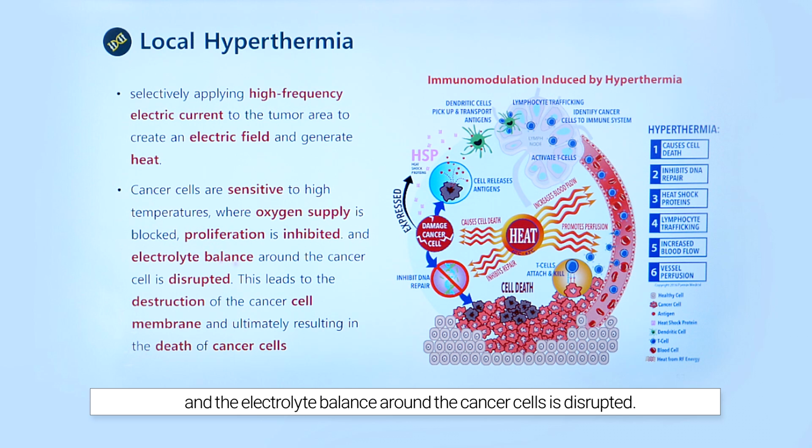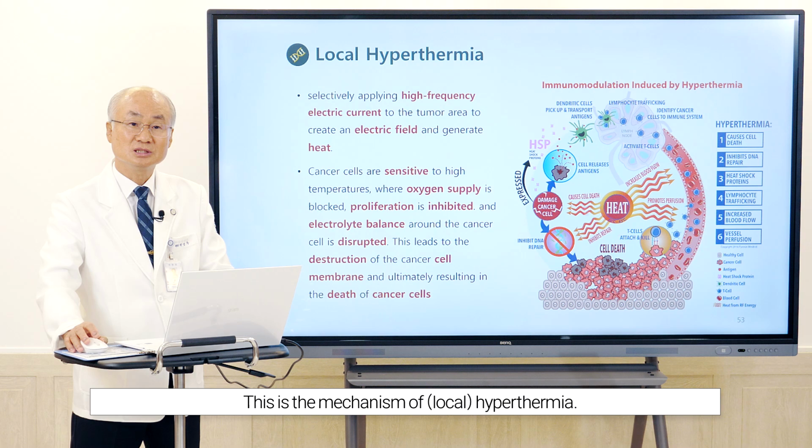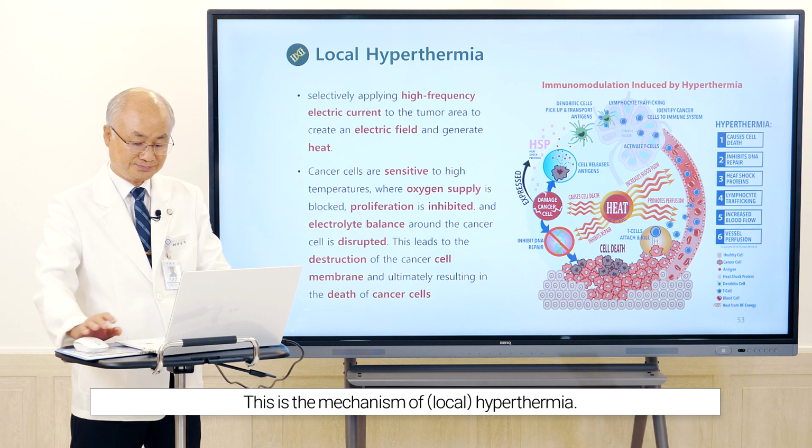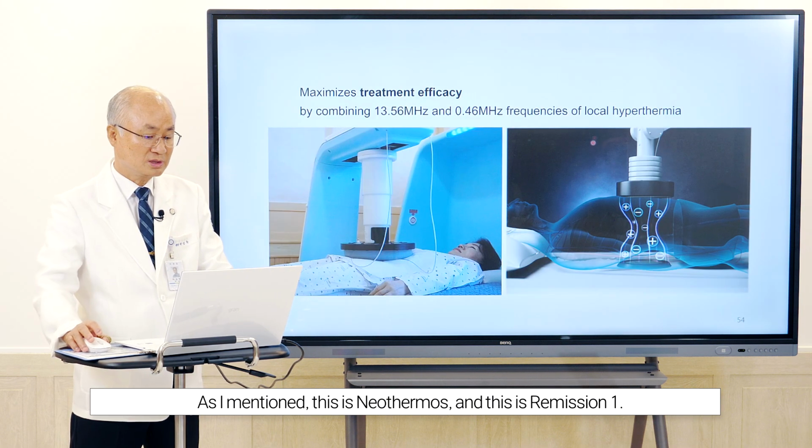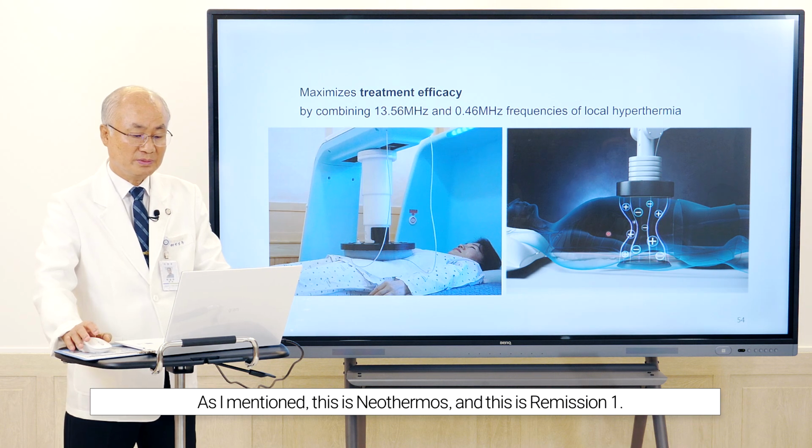Also, the electrolyte balance around the cancer cell will be disrupted. This leads to the destruction of the cancer cell membrane and ultimately results in the death of cancer cells. This is the mechanism of hyperthermia. As mentioned, this is Neothermos, and this is Remission 1.